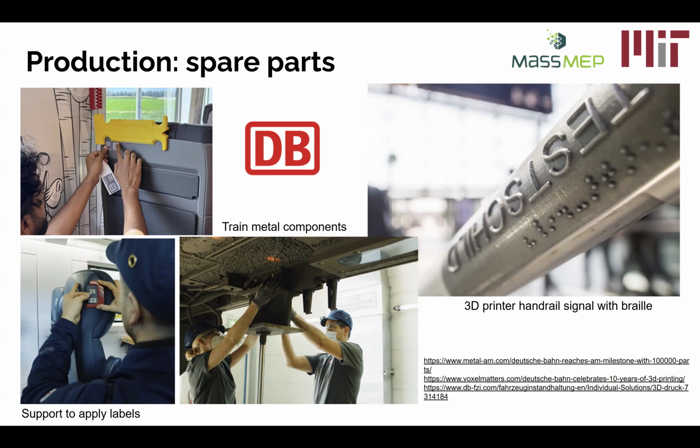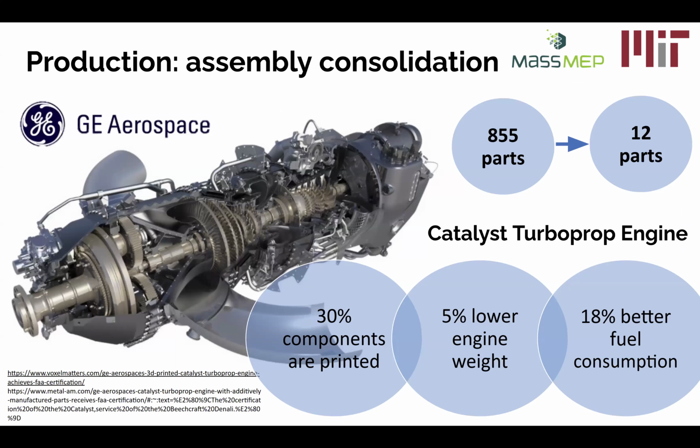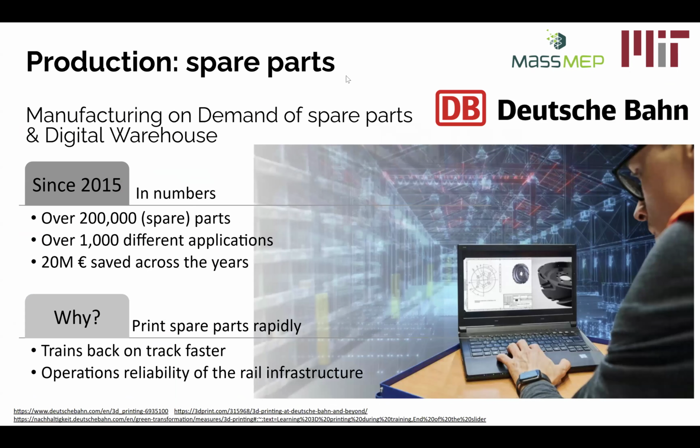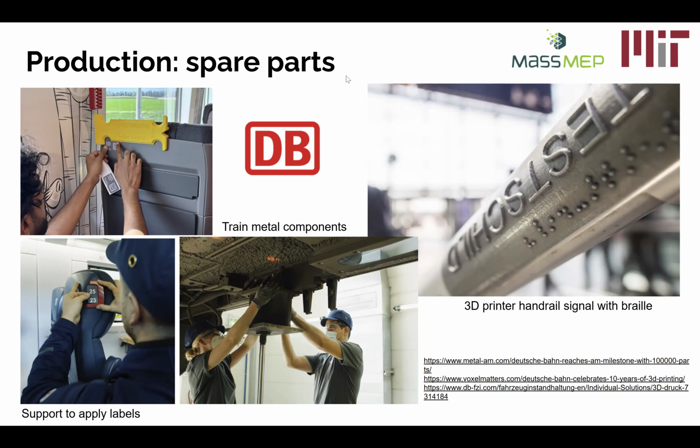It actually broke in service. So what they did was, sorry, can you go here? They actually took the broken part, 3D scanned it, reverse engineered it, and then printed the component, and they saved the design on their digital warehouse. So if this happens again, they can just place an order to reprint it.